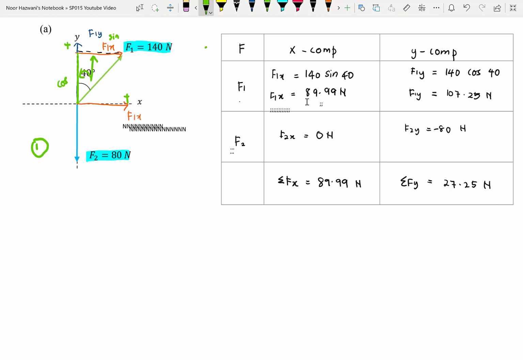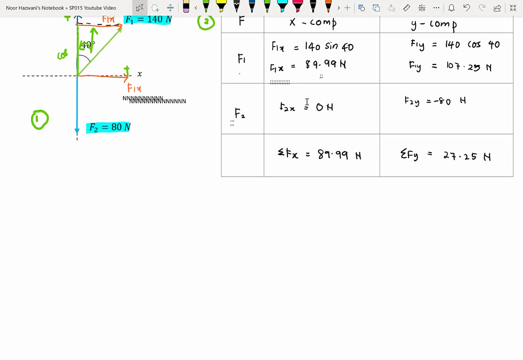But then for 2 dimension, you have to draw the column. Okay, after that, you have to find out the magnitude using theorem Pythagoras, which is the equation is F equals to square root of Fx squared plus Fy squared.